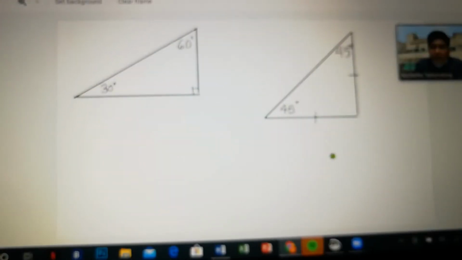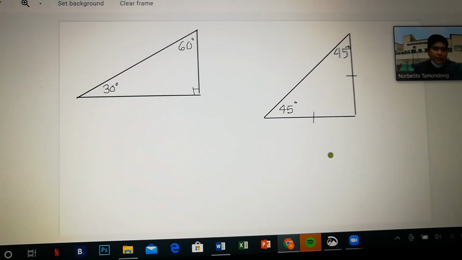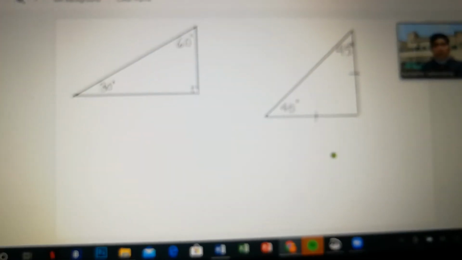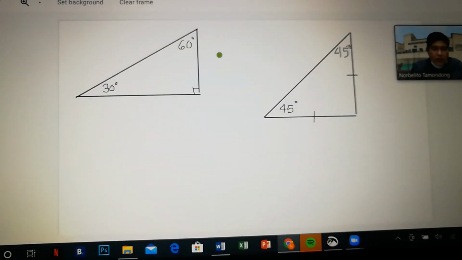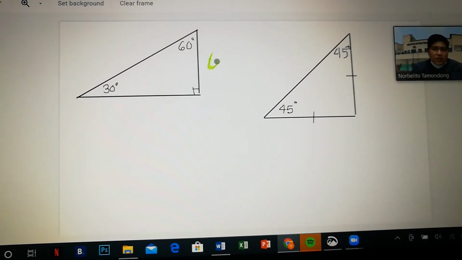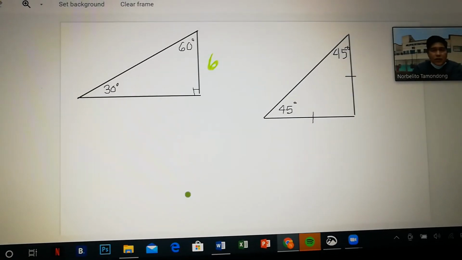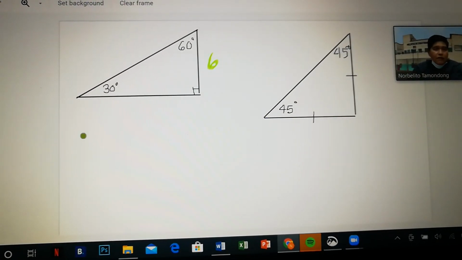So let's apply now how to find the other two sides of a 30, 60, 90 triangle. If this is equal to 6, given the shorter side, how do you find the longer leg? The longer leg is simply 6 times, what do we multiply again?